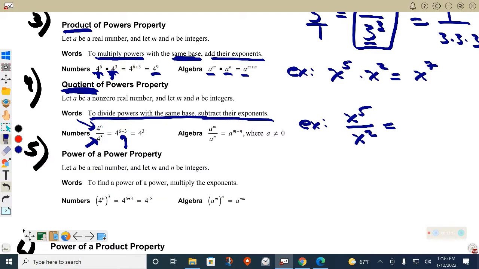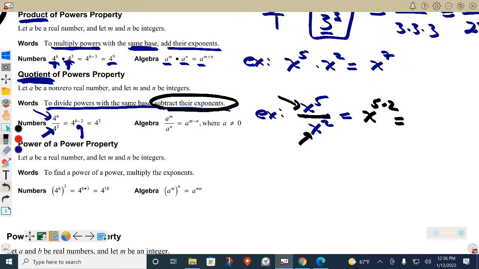X. Same base of x, okay. And I'm dividing, so this says subtract the exponents. So this is going to be x to the 5 minus 2 power. Nice. So that's going to be x to the 3rd power. Rocking and rolling.